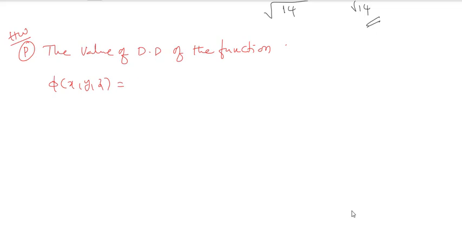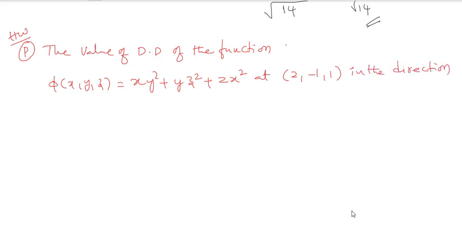Take down the question: the value of the directional derivative of the function phi of x, y, z equivalent to xy square plus yz square plus zx square at (2, minus 1, 1) in the direction of the vector i bar plus 2j bar plus 2k bar is dash.